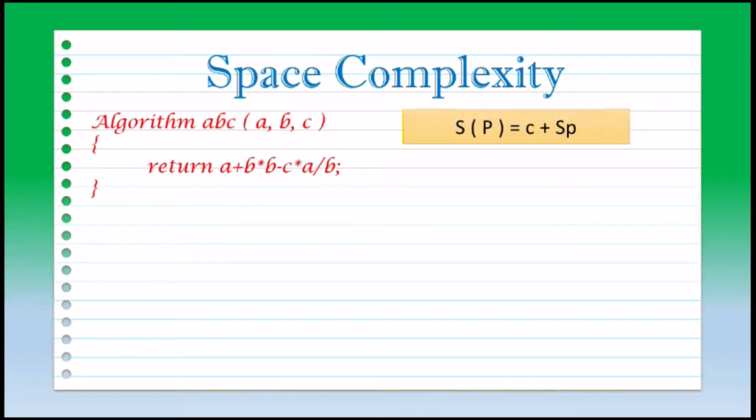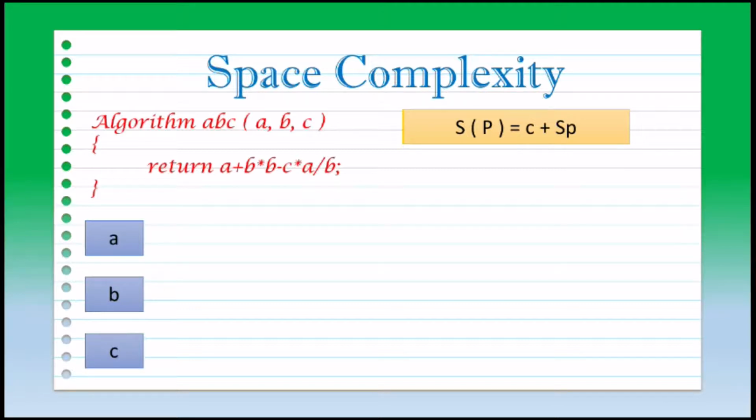In this algorithm there are 3 variables A, B and C, and again the size of every variable is fixed.